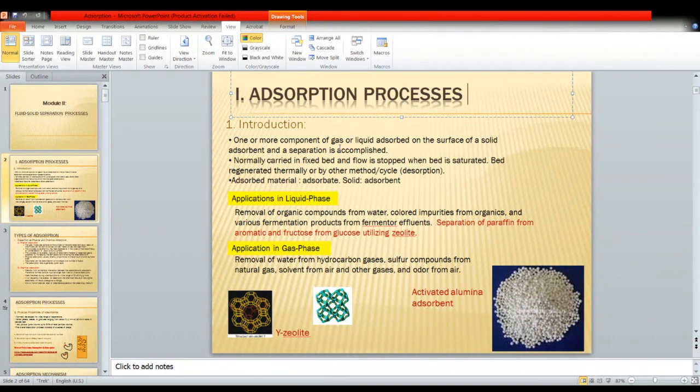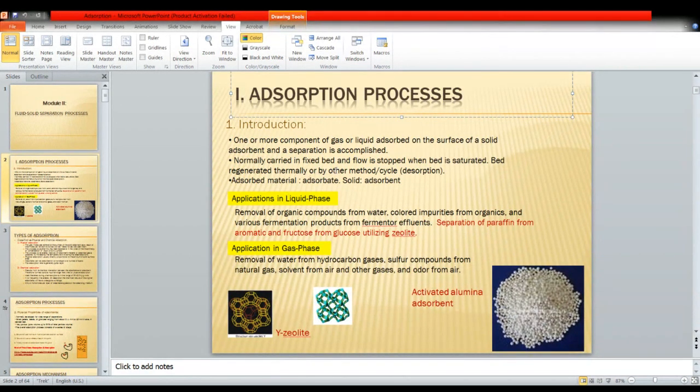Water is the liquid, and one component is phenol. So we are transferring this phenol to a solid surface, where it gets adsorbed. On the surface of the solid there are small pores, okay? So what happens, this phenol goes inside these pores, okay, and stays there, and it's separated from the liquid.